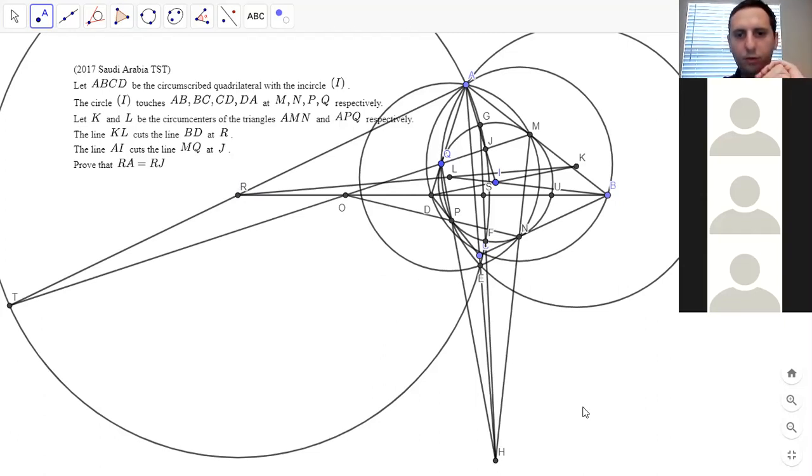So we want to show that FG is the polar of R, right? Yeah, sorry, I kind of went in circles.